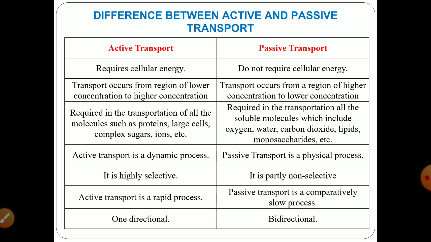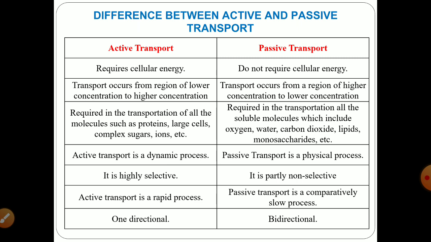The second difference is the dependence on concentration. Active transport occurs from a region of lower concentration to higher concentration, whereas passive transport occurs from a region of higher concentration to lower concentration.